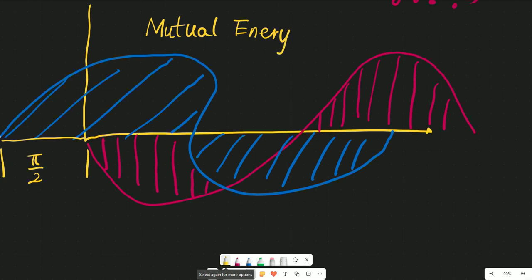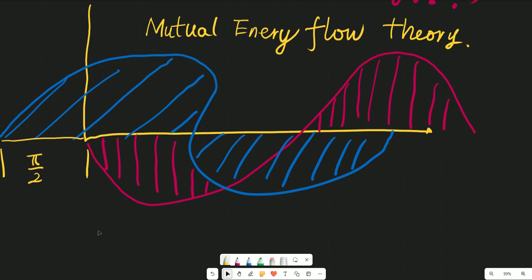mutual energy flow theory. This only tells us that Maxwell theory makes a mistake for electromagnetic waves.